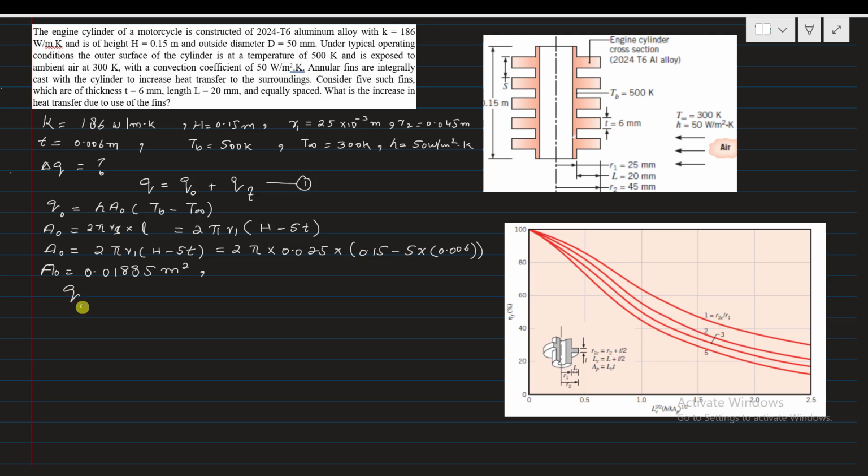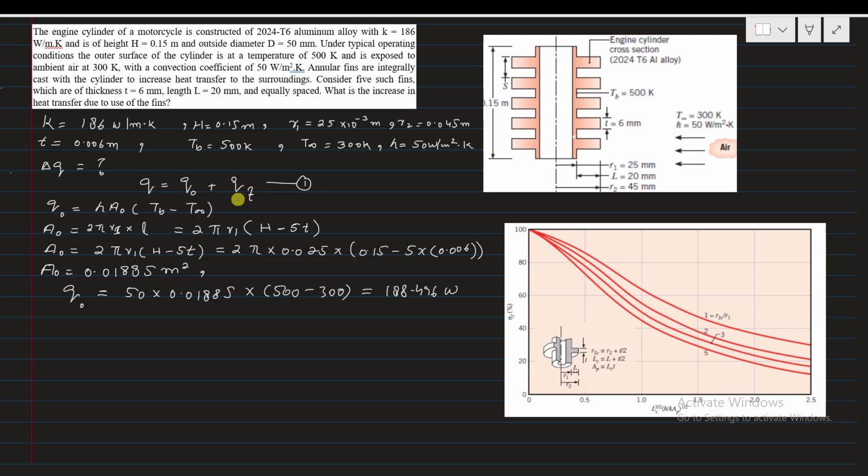So that is Q naught is equal to h. h is 50, then surface area, that is 0.01885, into the temperature difference, 500 minus 300. So you will get 100. After simplification you will get the heat transfer by the engine cylinder, that is 188.496 watt.